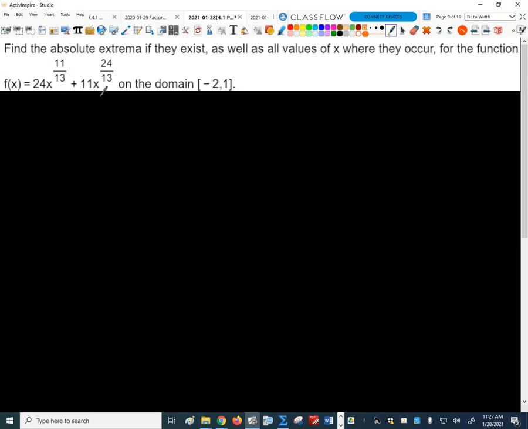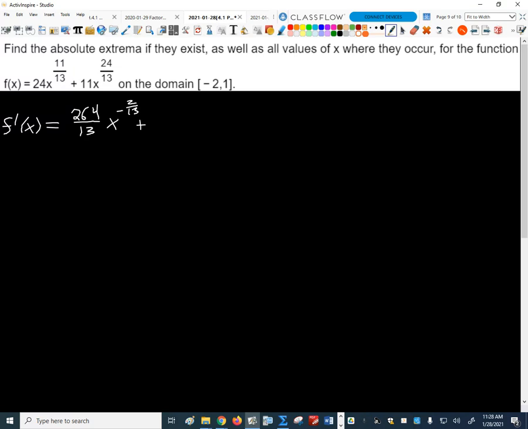So here's our function. So f prime of x, then, by the power rule, I'm going to get, oh, that's going to be terrible. Why did I pick this one? That was dumb. My derivative is going to look like 11/13 times 24, so I'm going to get 264/13 x to the -2/13 plus 264.